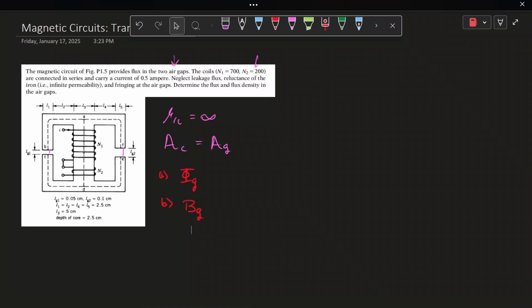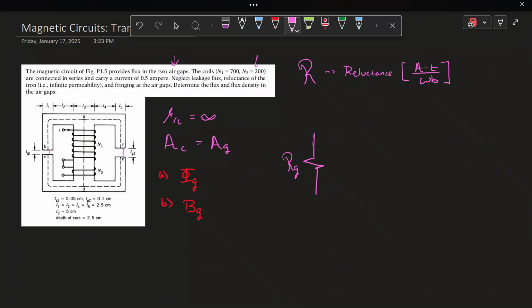Sorry, not resistance, reluctance. So you're going to see this R term get thrown around a lot. This is going to be reluctance. The unit for reluctance is amp turns per Weber.